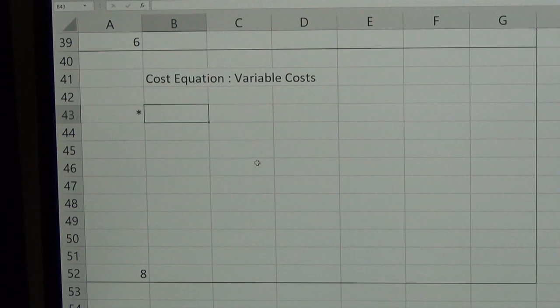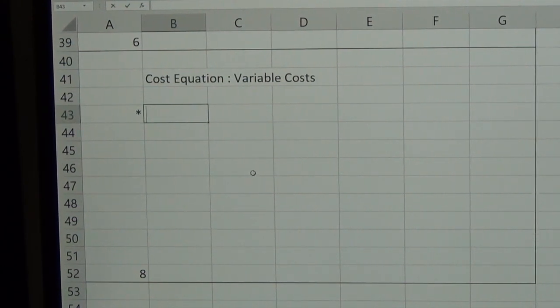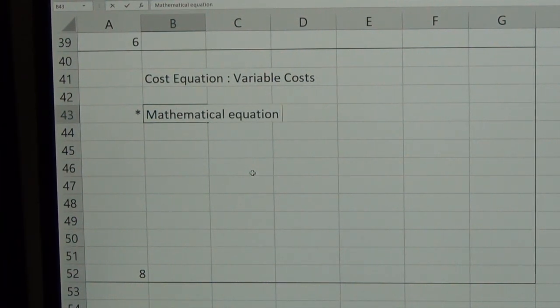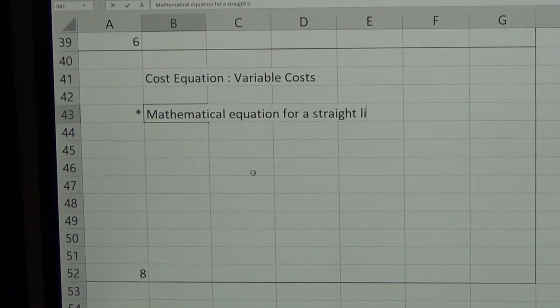So with the cost equation, we're talking about a mathematical equation for a straight line to express how a cost behaves.